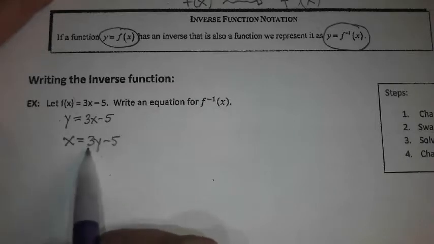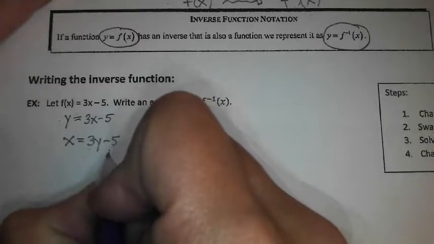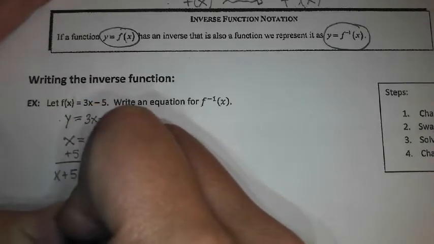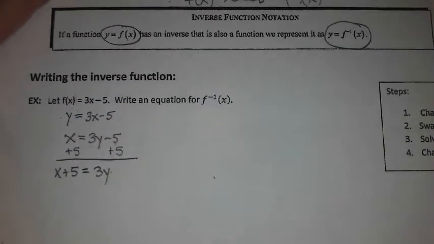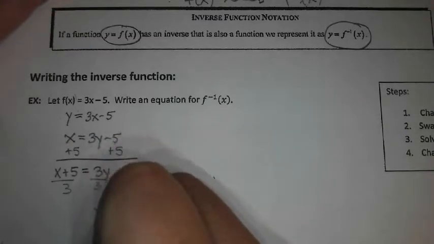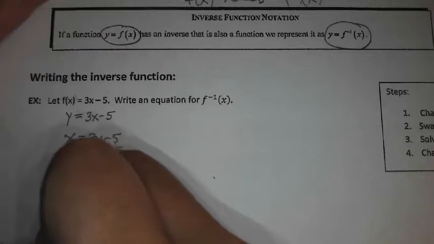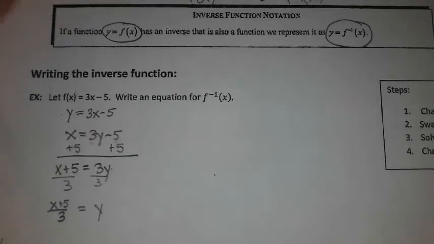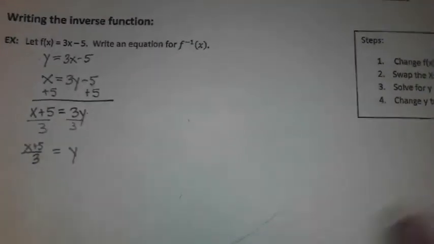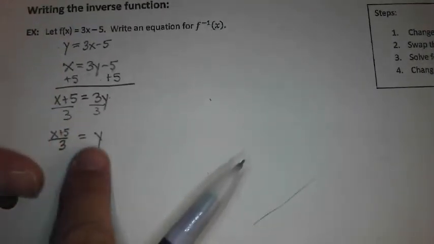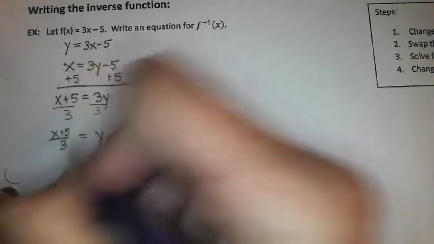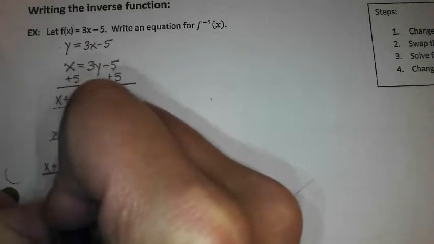Which one of these things do I get rid of first? Good, so I add 5 to both sides. So I have x plus 5 equals 3y. And then to solve for y, I divide both sides by 3. So I get y equals x plus 5 over 3. And then I change it back to the inverse notation. So rather than y equals, I'm going to do f inverse of x equals x plus 5 over 3.